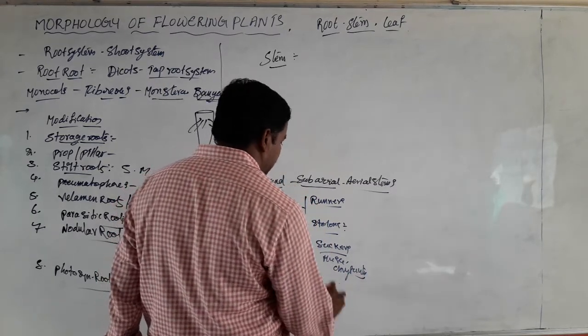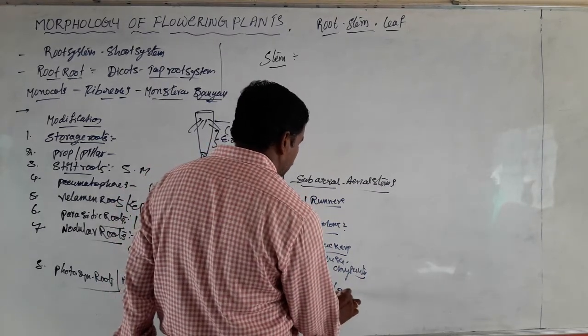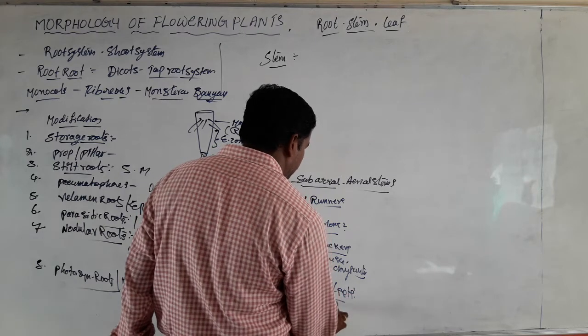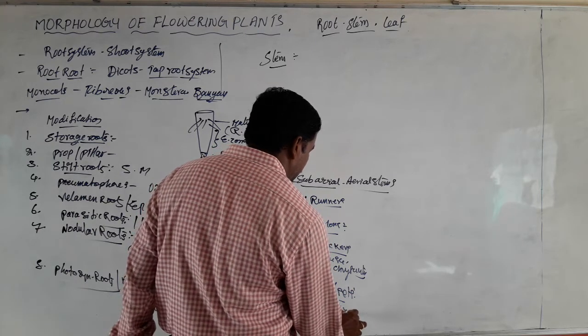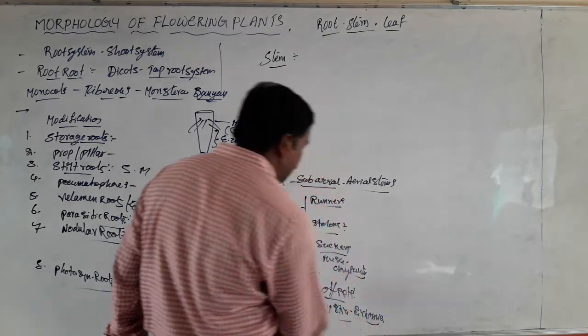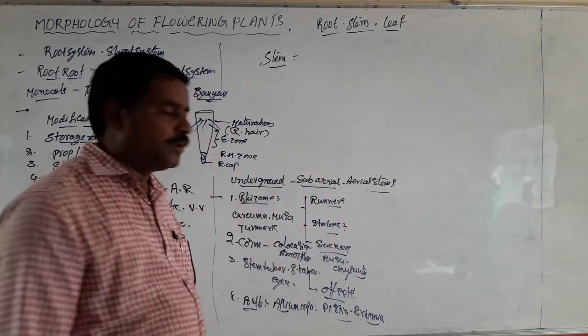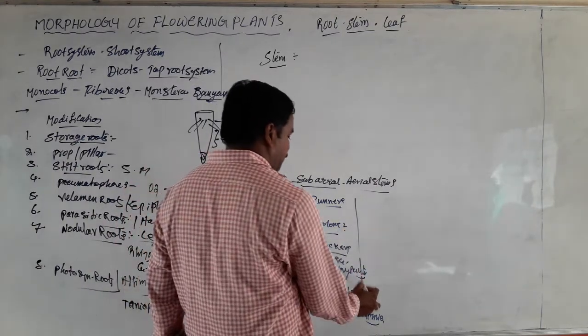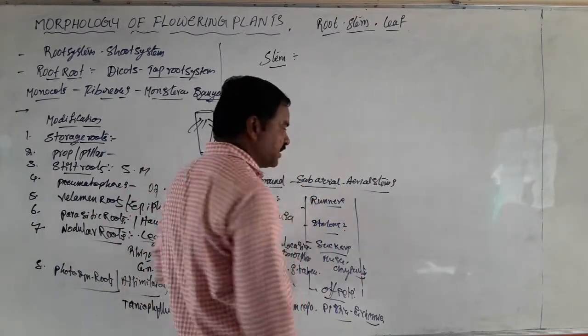And the other one is offsets. Examples: Pistia and Eichhornia. There are a total of 4 types of sub-aerial stem modifications.